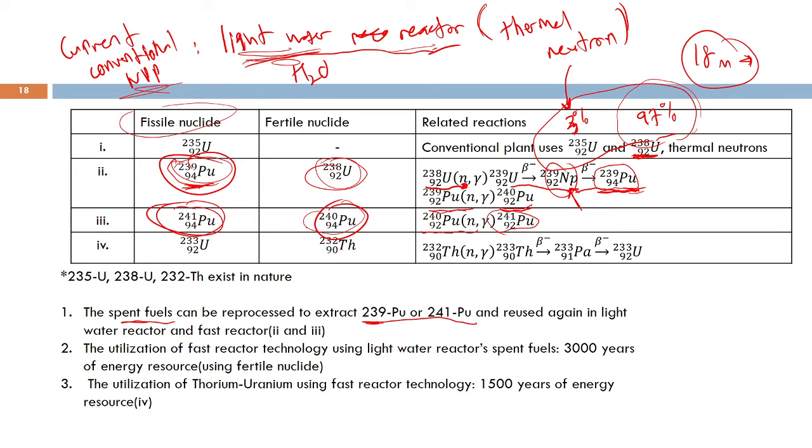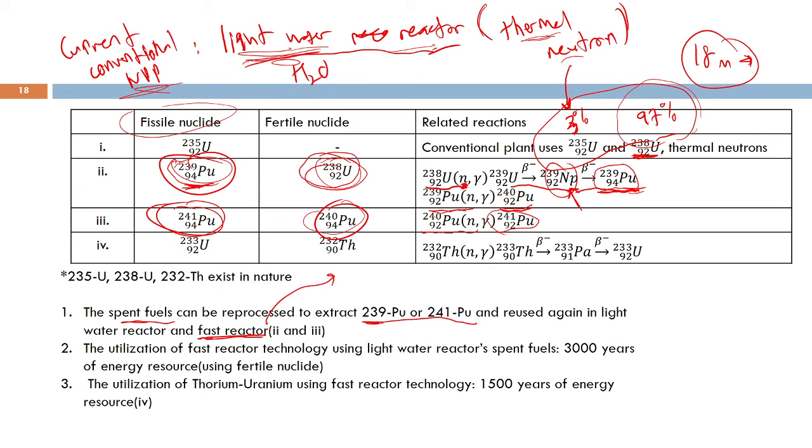And rather than using a light water reactor to produce thermal neutron, you can use a fast reactor. The fast reactor has not yet become conventional. There are only a few prototype fast reactors around the globe at the current moment.